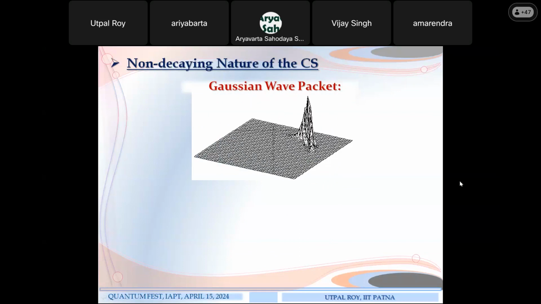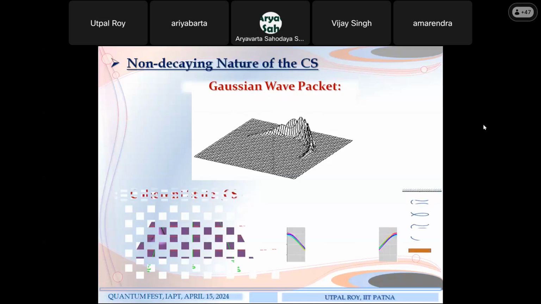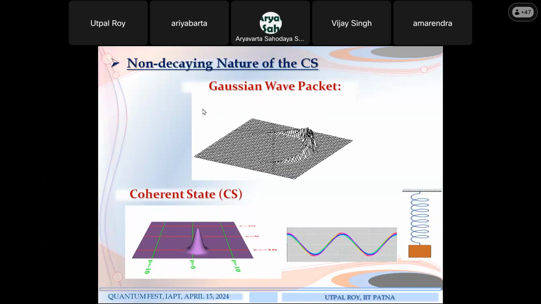However, quantum particles come with probability. So it has a distribution, you see that it has a Gaussian distribution, and it can also change with time. A classical particle will be more or less as it is unless it decays or evaporates, but quantum particles are supposed to change most of the time. So this is a Gaussian wave packet, and this is a coherent state, just like a laser.